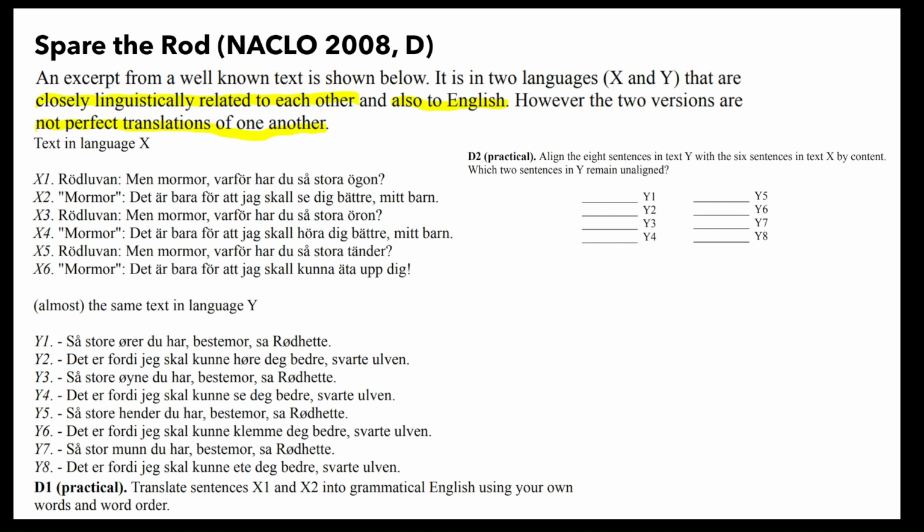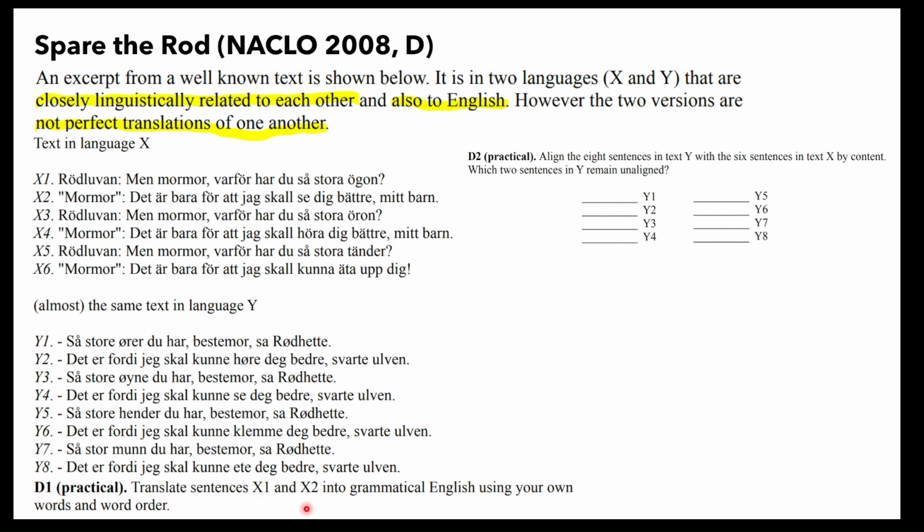My knee-jerk reaction, obviously, is to immediately jump to the text and see what it looks like, what's happening, but I'm going to encourage you to avoid doing that and jump immediately to the questions so that you know exactly what you're looking for when you are solving the problem. So let's go to D1.